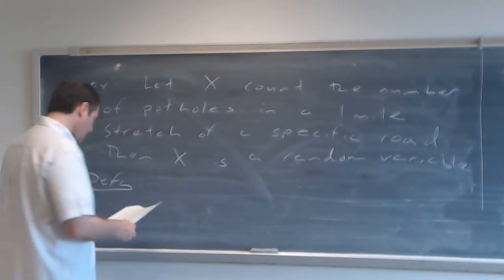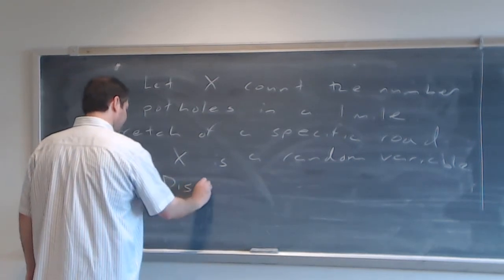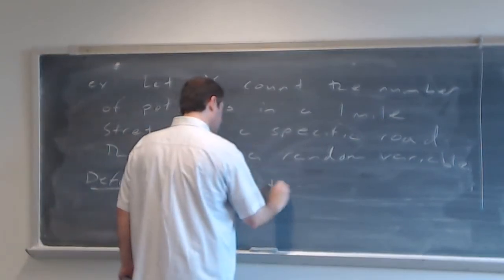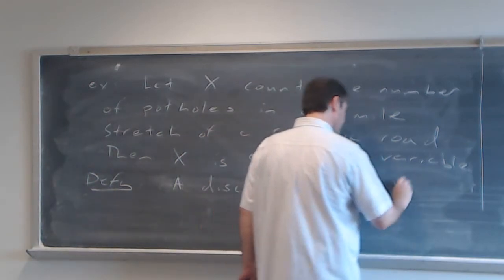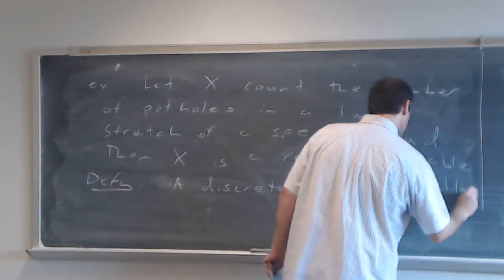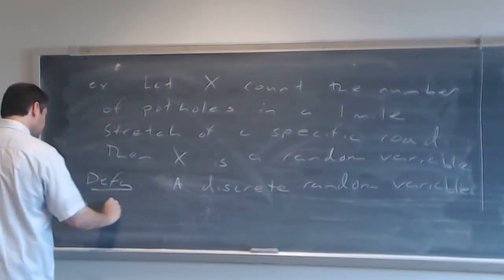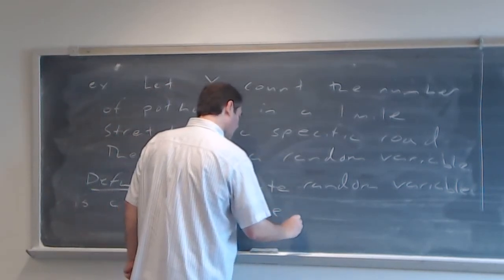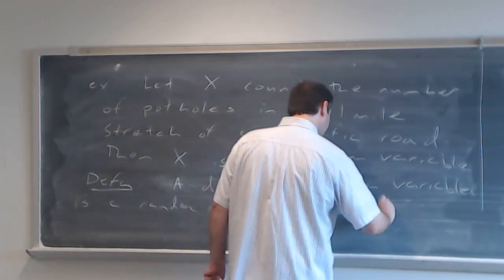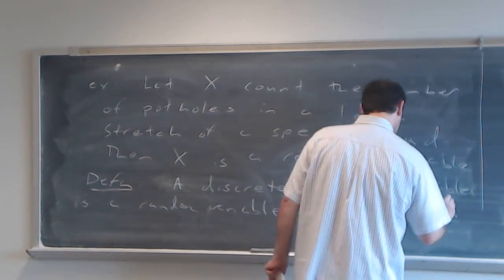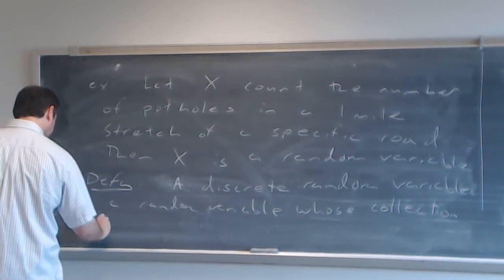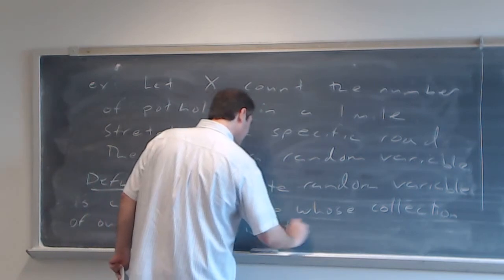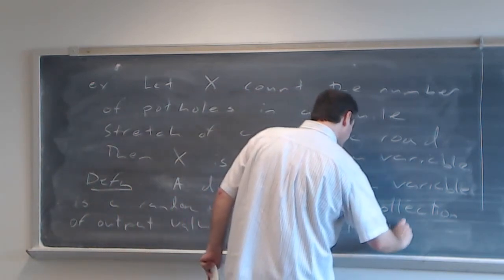Okay, well, these examples of random variables aren't the same type. And so let me define a particular type that we're interested in today. A discrete random variable is a random variable whose collection of output values is at most countable.